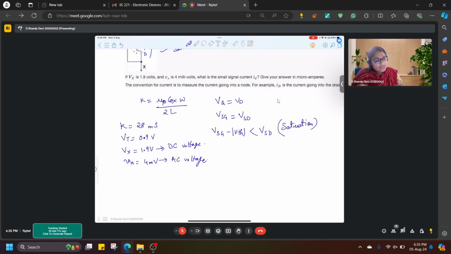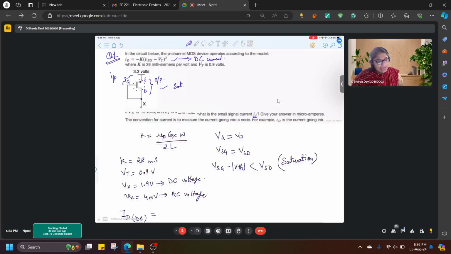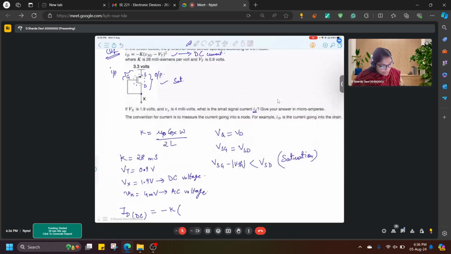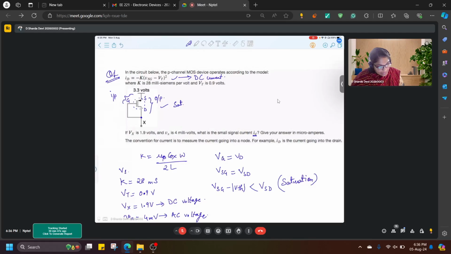Now it has been asked to find the small signal current, the small id. First of all, we will find the DC current, ID DC. How do we find it? Using the given formula, it is minus K times (VSG minus VT) whole square. VS is 3.3 volts.